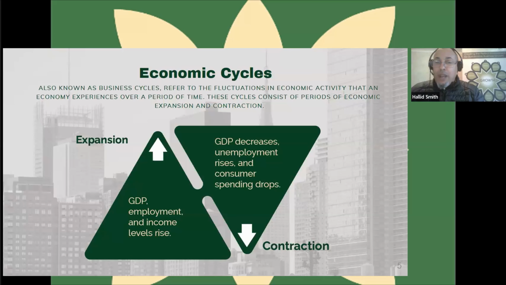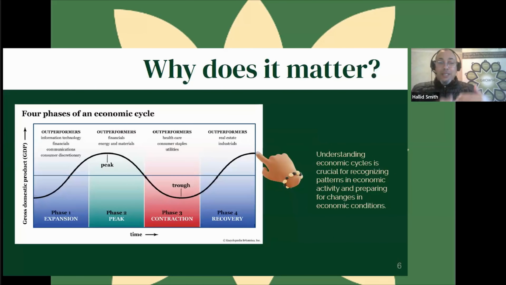And then 2023, now going back down again. And this is when GDP now decreases, unemployment rises, and people are not spending as much money, right? So this is the pattern. This is the pattern that we're gonna go through. We're gonna spend a little bit of time.